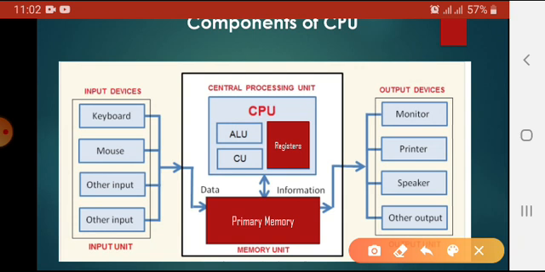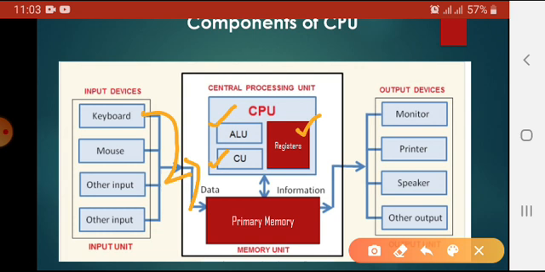We give the data from input devices to the CPU. Now you can see that the CPU has three parts: ALU, CU, and memory unit or registers. That data comes to the CPU.